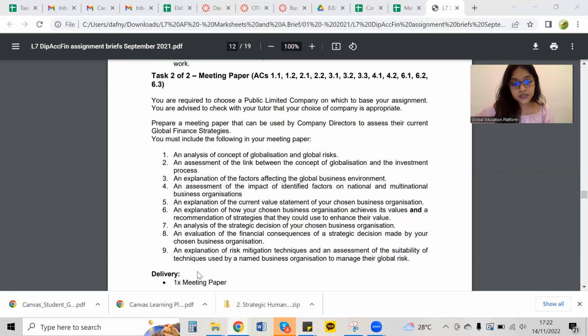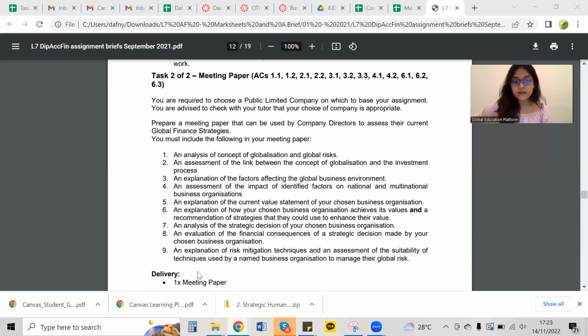Then point number 7, an analysis of the strategic decision of your chosen business organization. So you've selected certain strategies in order to develop your value of the organization. So the next point would be an analysis of the strategic decision, whether it's good or bad, right? That is your analysis here.